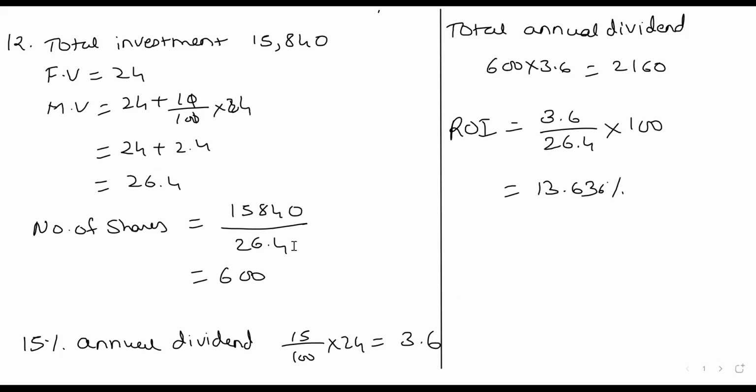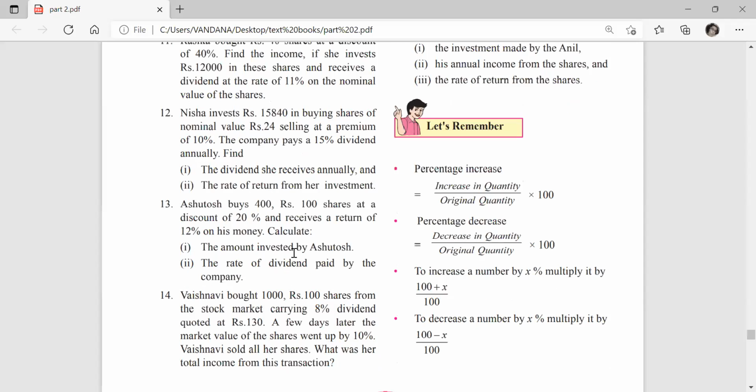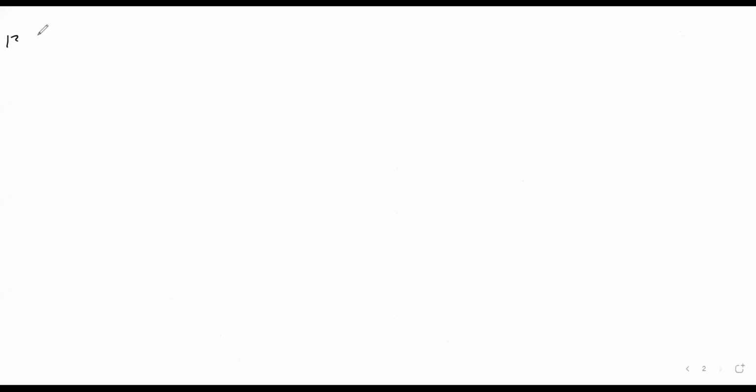Sum number 13. Ashutosh buys 400 rupees 100 shares at a discount of 20% and receives a return of 12% on his money. तो 400 शेयर्स खरीदे आशुतोष ने. Number of shares is 400. Face value is 100. Then it is purchased at 20% discount.